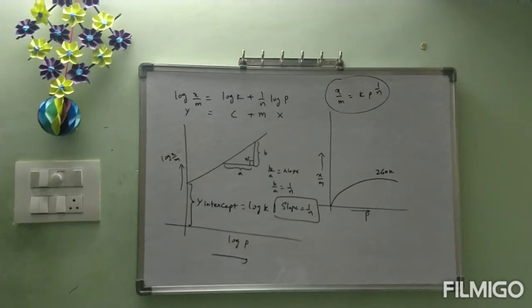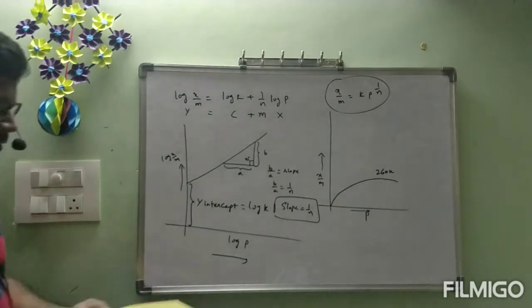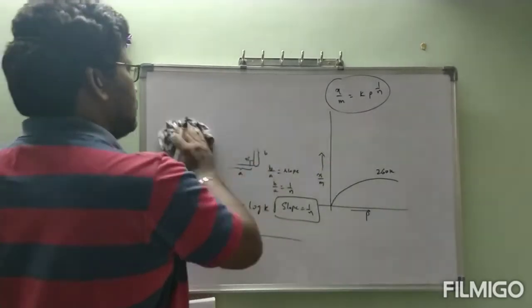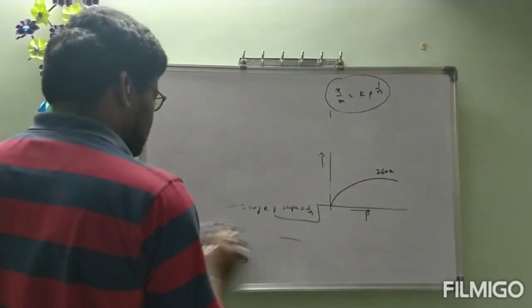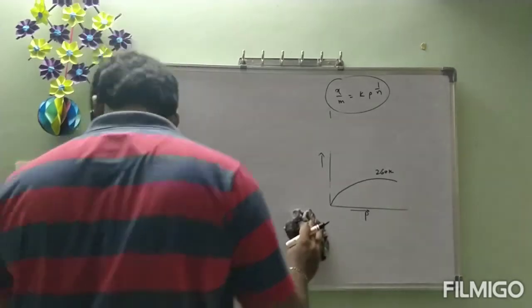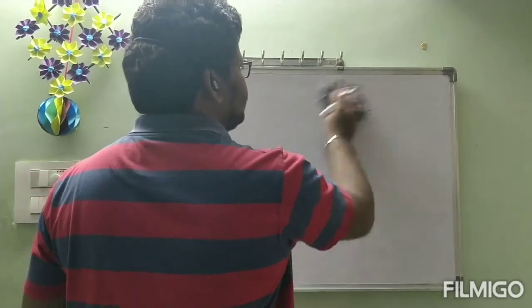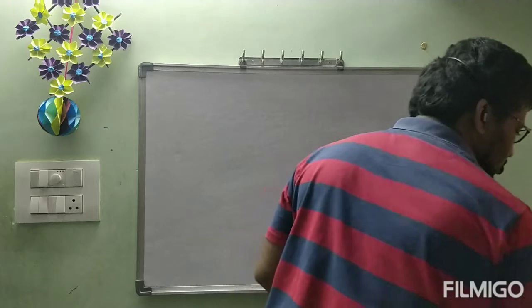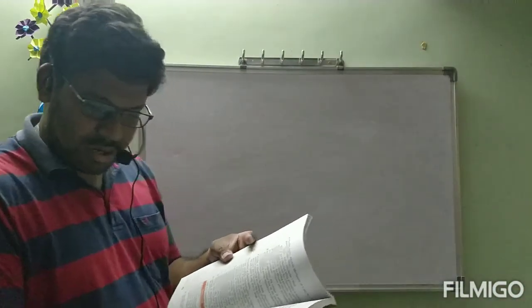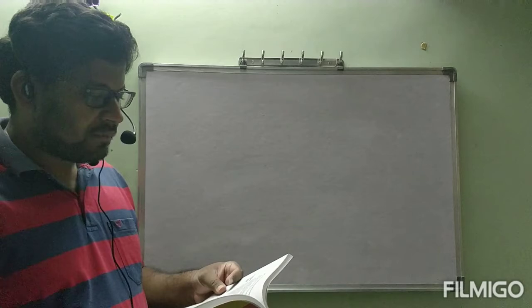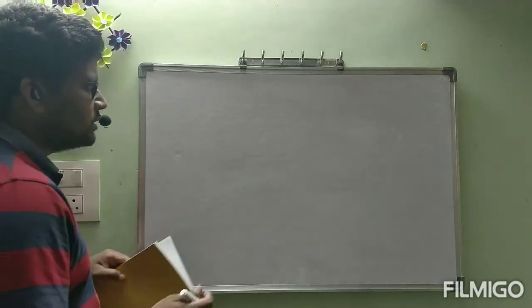That is about these Langmuir's curves, and they gave some conditions. Those conditions we will see now. They gave that when 1 by n is equal to 0, x by m is equal to constant.